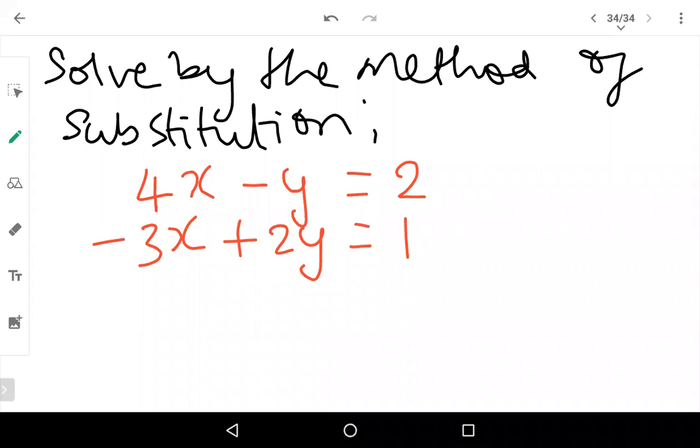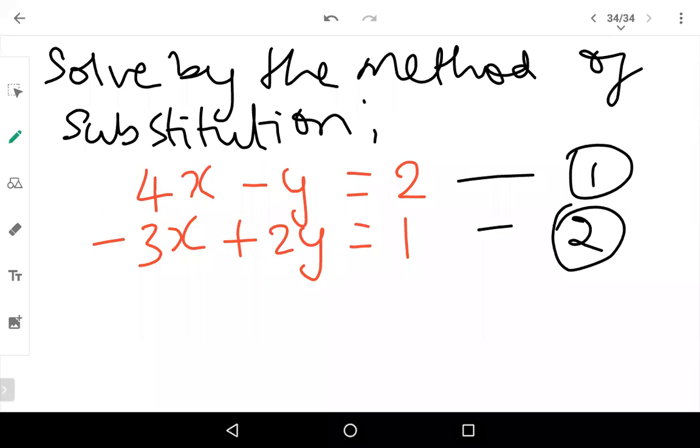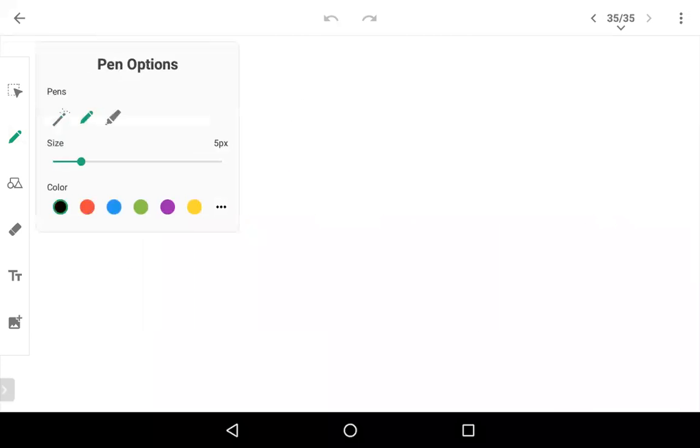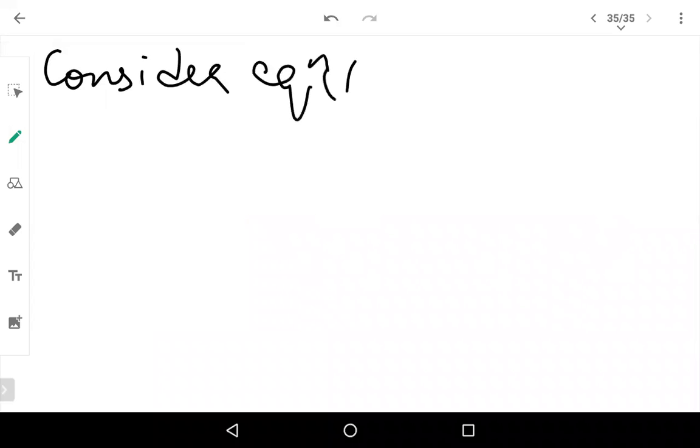Okay. So here, this is going to be equation 1 and this will be equation 2. Now here they have asked us to do it by the substitution method. So we will consider equation 1, 4x minus y is equal to 2. From this let us derive x.